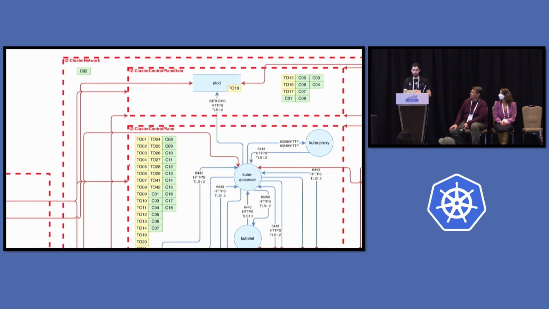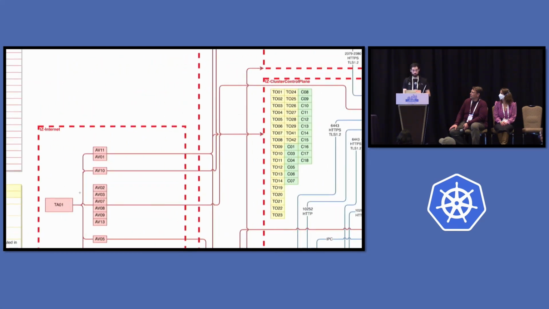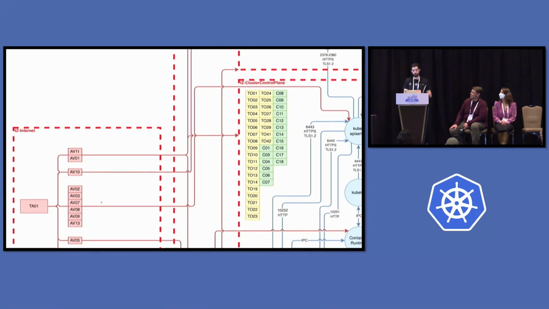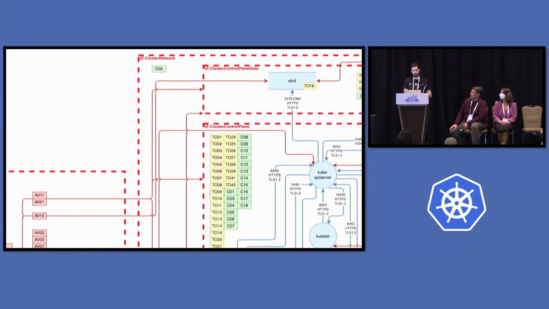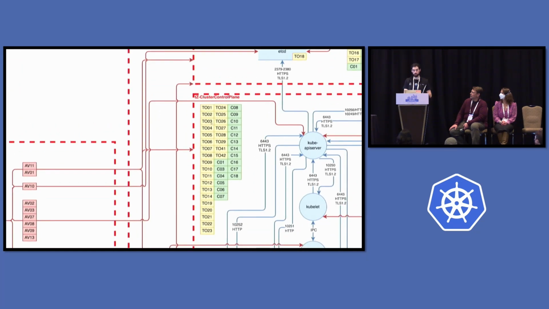Let's follow a potential threat from threat actor number 1. In our threat model, threat actor number 1 will be called X, Y, and Z. We'll show you in a moment from HackMD. We have a number of attack vectors. The attack vectors target specific threat objects, and those are the ones in yellow.